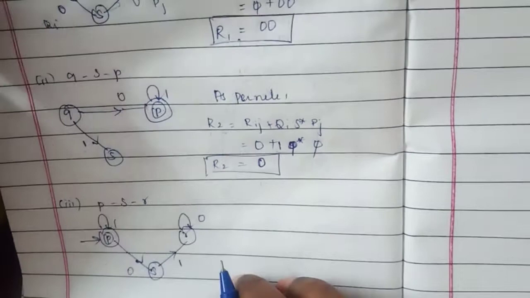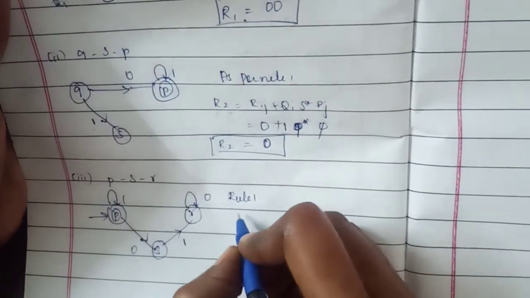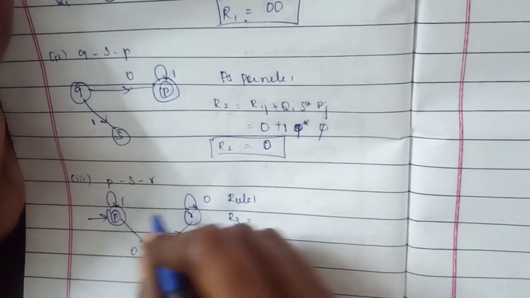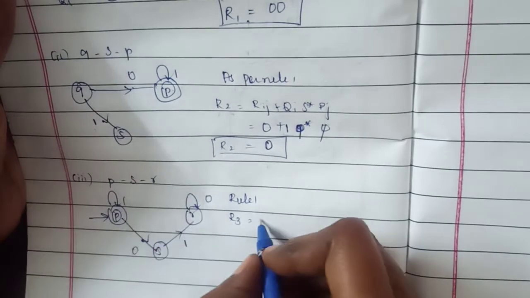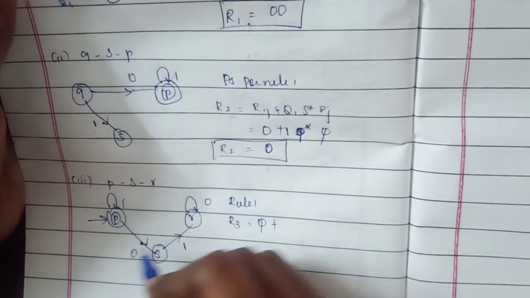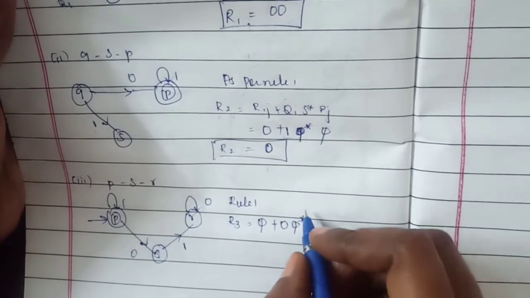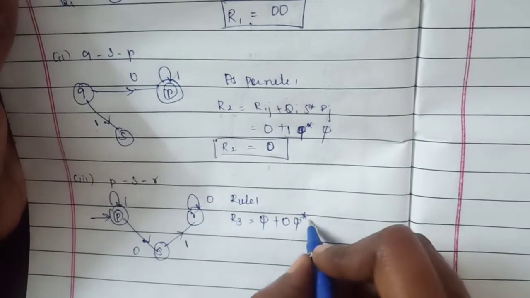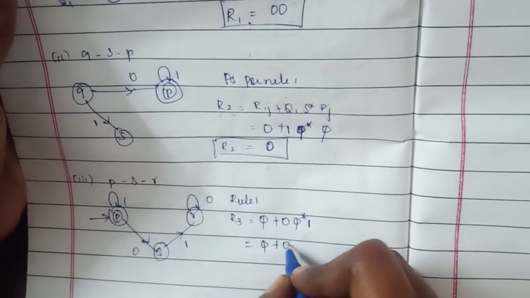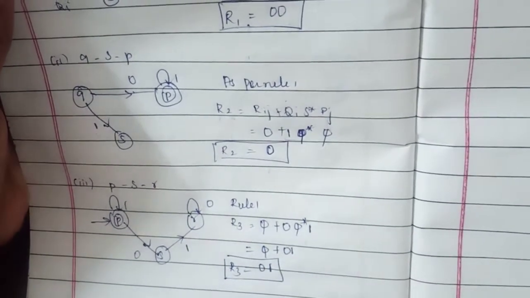As per rule 1, we have to see R3, which is equal to Rij. There is no Rij, plus the same formula will be used, and Qi is 0, and there is no S closure, that is phi closure, and Pj is 1, which is known as phi plus 0 1, which is 0 1. So my R3 will be 0 1.